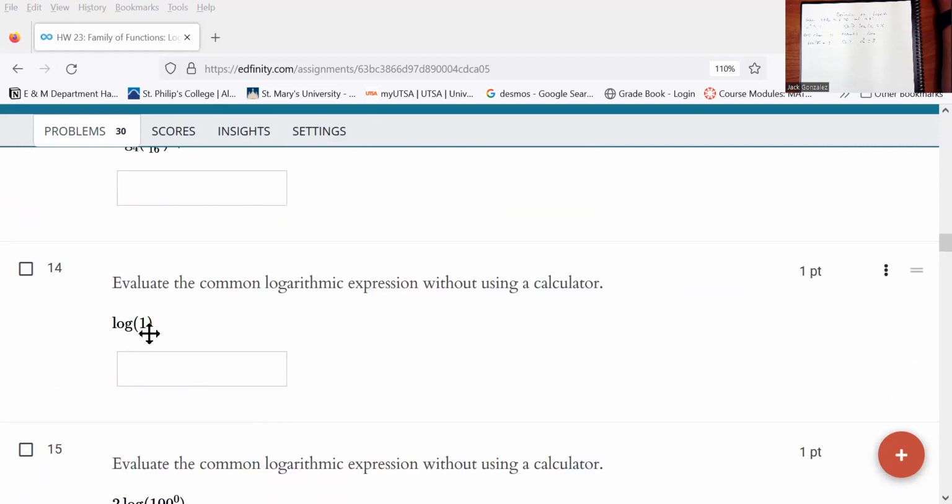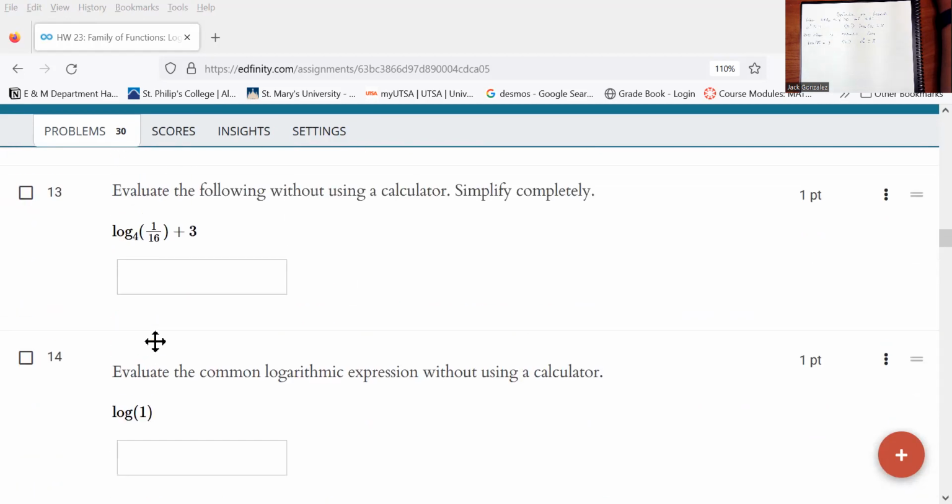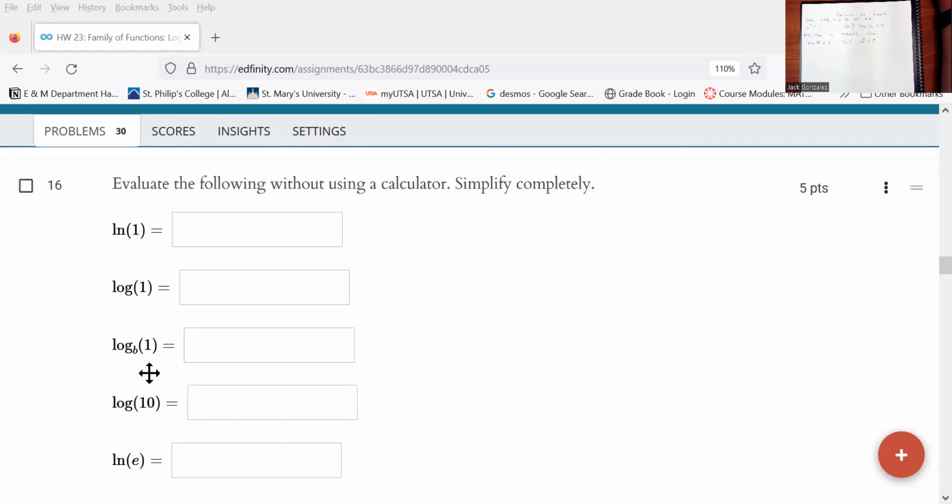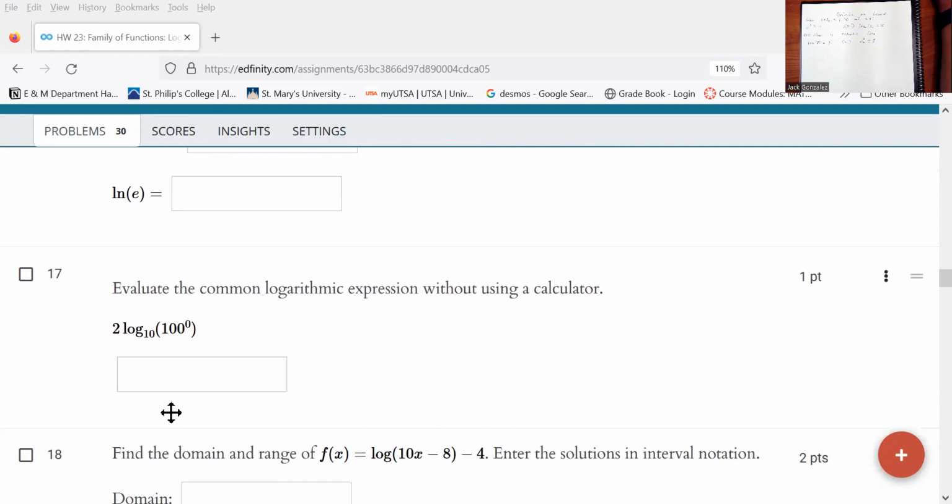Here they're just testing your log properties. Remember we said you plug in a 1 into log, it's going to be 0. Here's them testing you. If the bases match, we said they cancel, giving you whatever is on the power. What is that 0 going to do to 100?